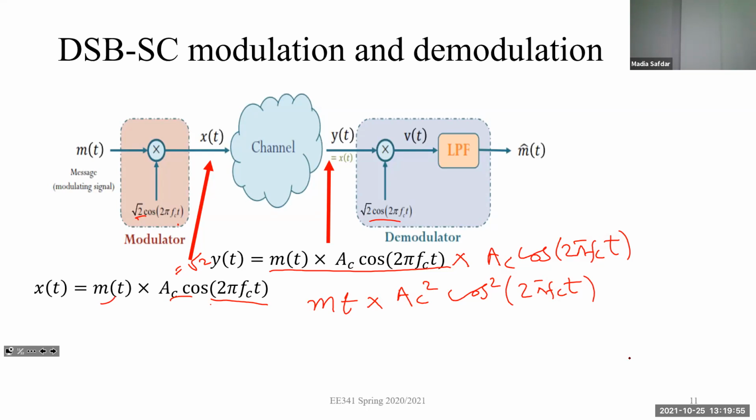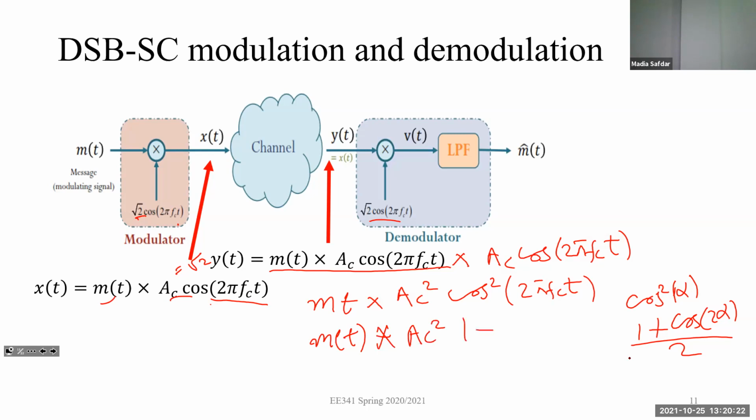So then you know that cosine square of alpha is 1 plus cosine of 2 alpha, divided by 2. I think this is right. So this will be m of t multiplied by AC square into 1 plus cosine of 4 pi fct, divided by 2.